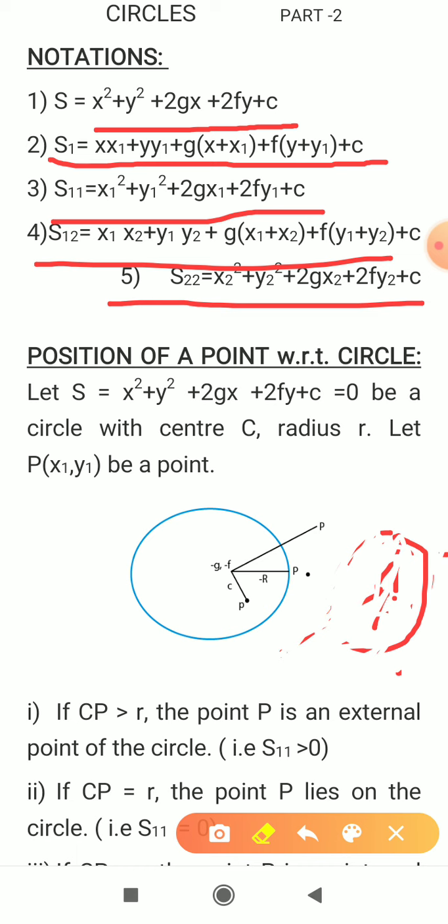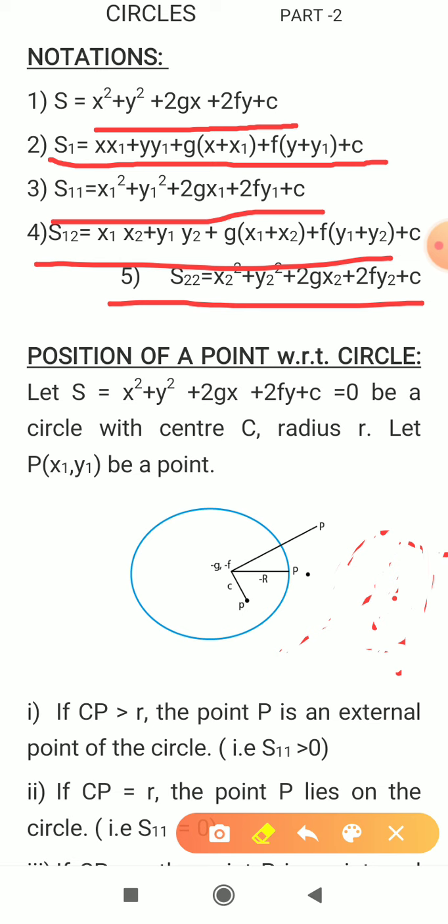Now we discuss the conditions: when we say a point is outside of the circle, when we say the point is inside of the circle, and when we say the point is on the circle.